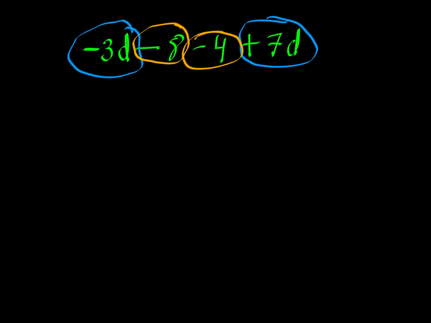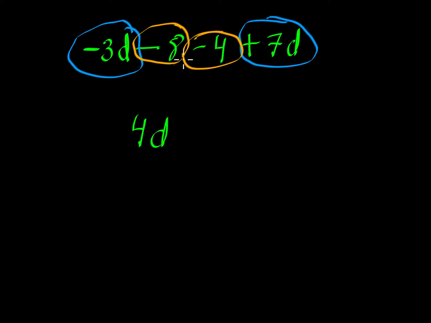After we've identified all our like terms, we can add those like terms together. So we can add negative 3d and 7d, and then negative 8 with negative 4. Negative 3d plus 7d gives us 4d, because negative 3 plus 7 is 4.